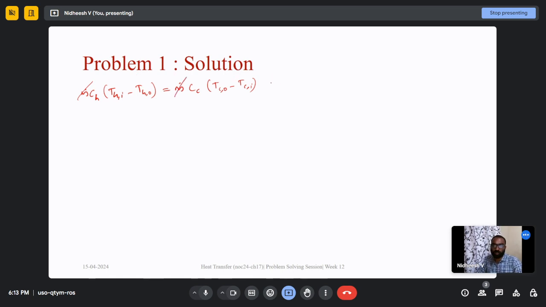Now the quantity that is unknown is TCO. So I can write it as TCI plus C hot by Cc into T hot inlet minus T hot outlet. This is the expression for finding the temperature of the cold fluid at the outlet.